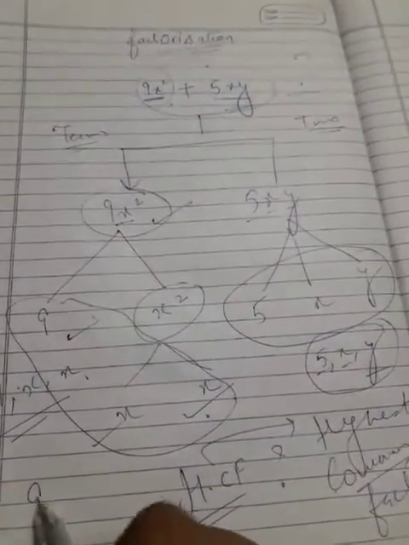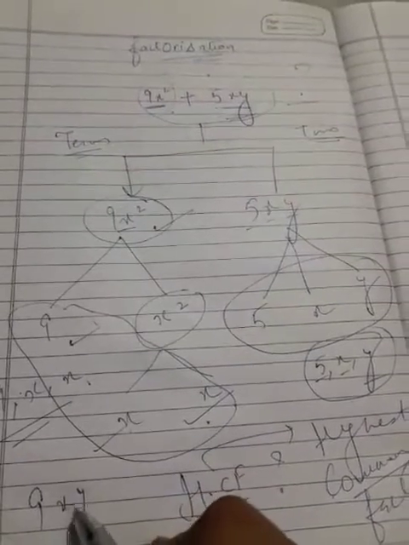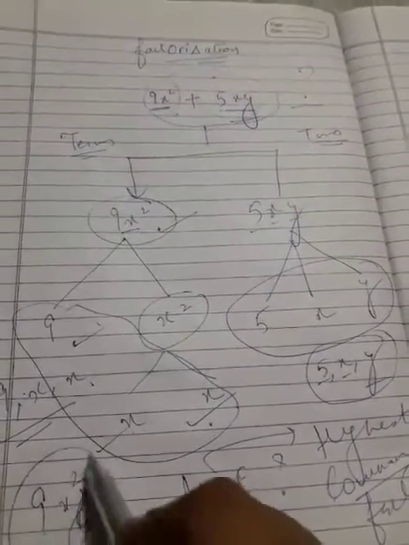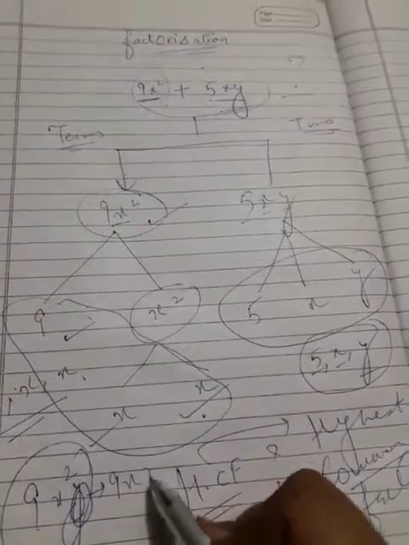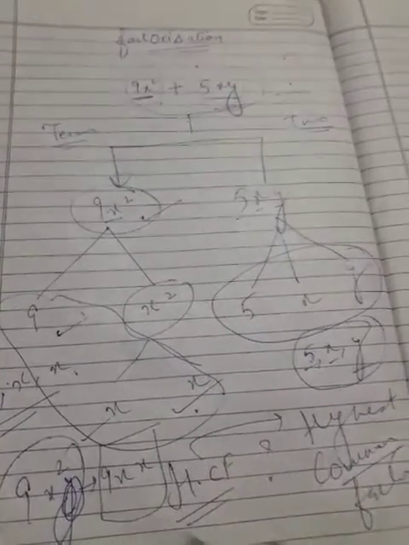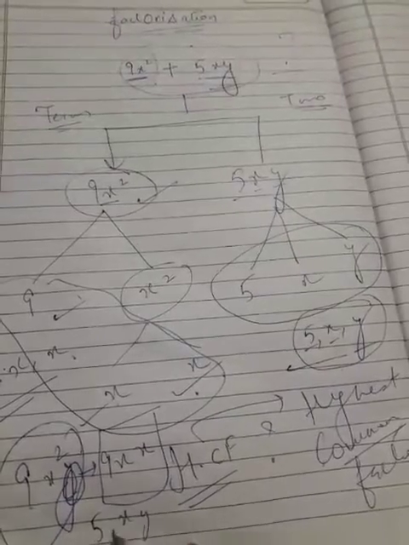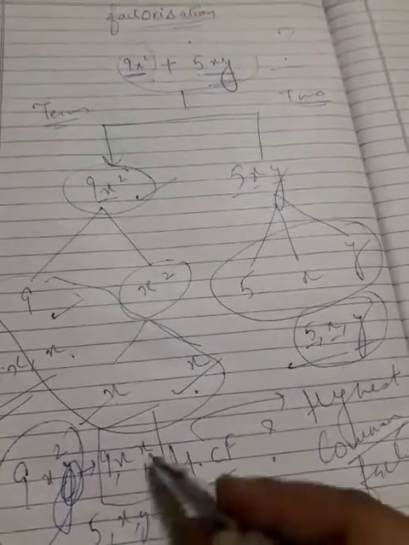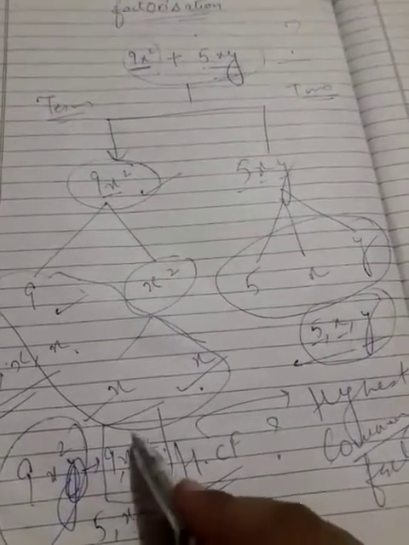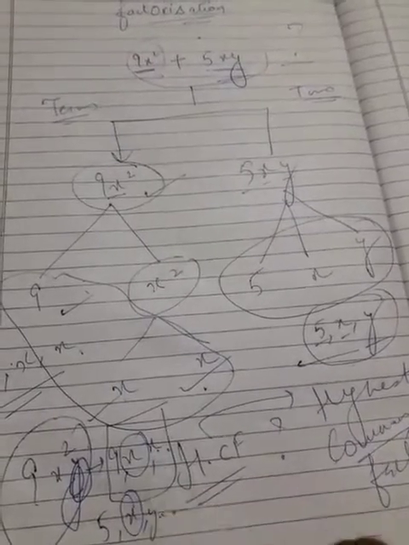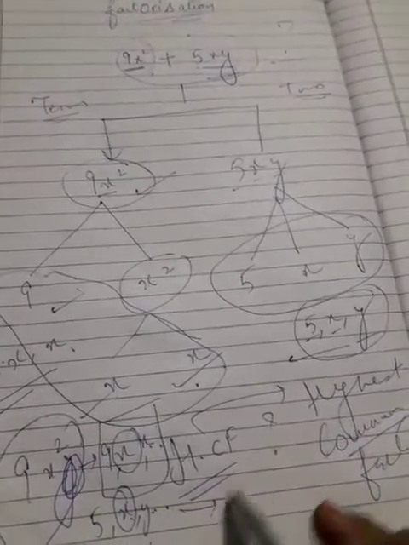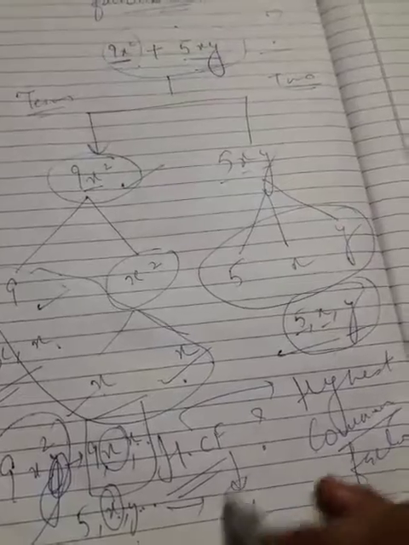Now in the first term there is 9x square, which can be written as 9xx. But in the second term there is 5xy. What is common between these two terms? Nothing is common except x. So what is the highest common factor? This is x.